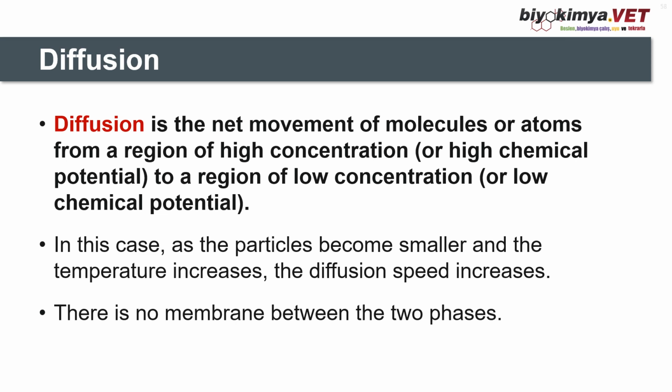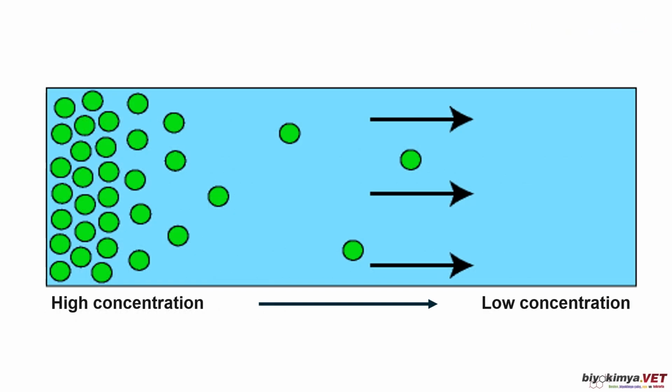And there is no membrane between the two phases. There is a region of high concentration and a region of low concentration. And so diffusion is the net movement of substances from a high concentration area to a low concentration area.